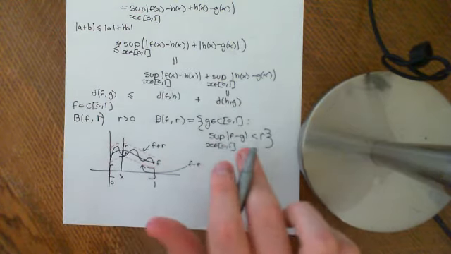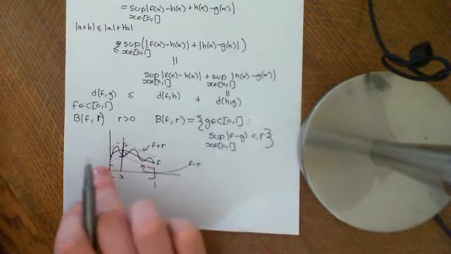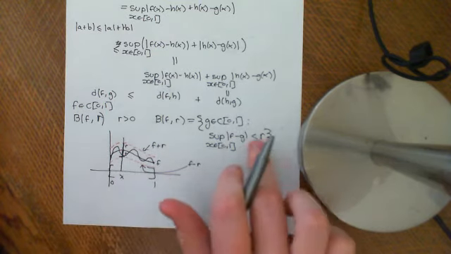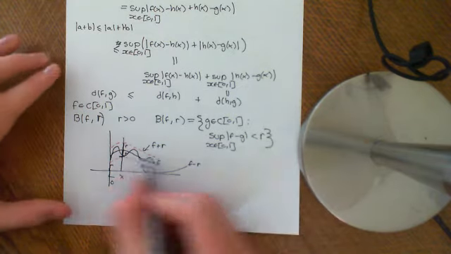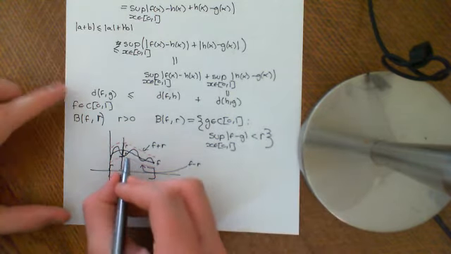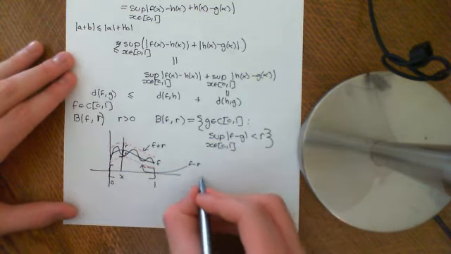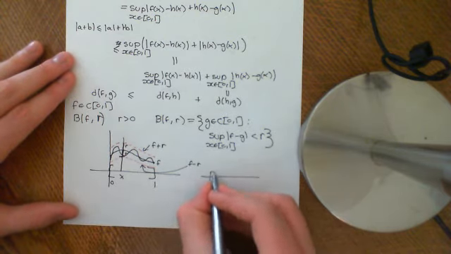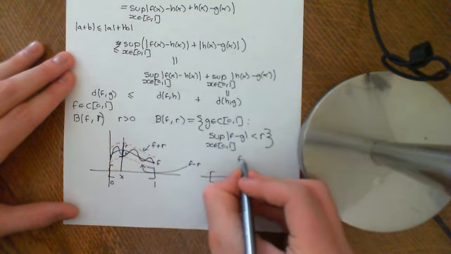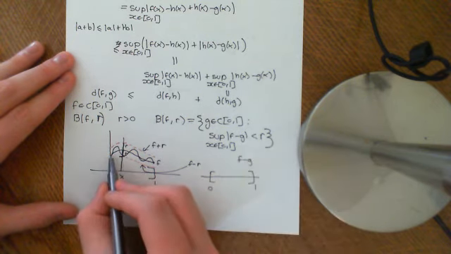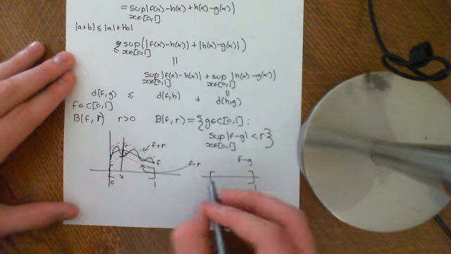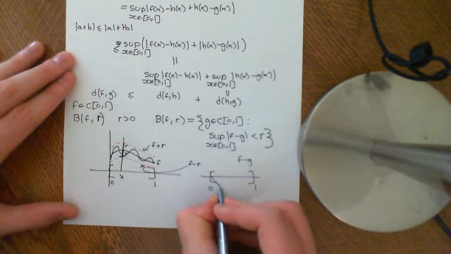And the reason is that the distance between any function that's within this ribbon and the function f is going to be less than r, because if we take the modulus of f minus g, then, if we look at this specific example here, with 0 and 1, firstly we'll just plot out what f minus g is. Originally g is bigger than f, so we get something going negative like that.